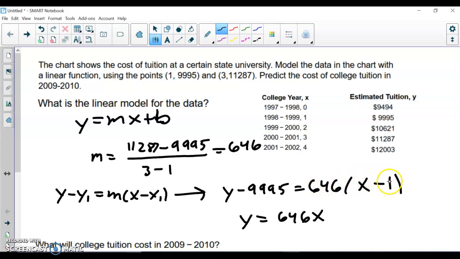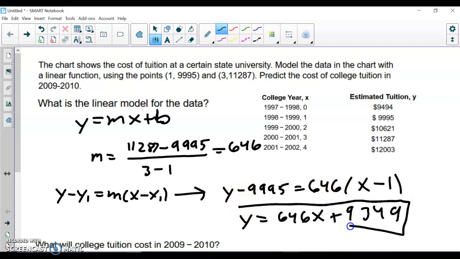So we get negative 646, and then we have to add that 9995 to the other side. And you should get a positive 9349. That is the linear model we're going to use.